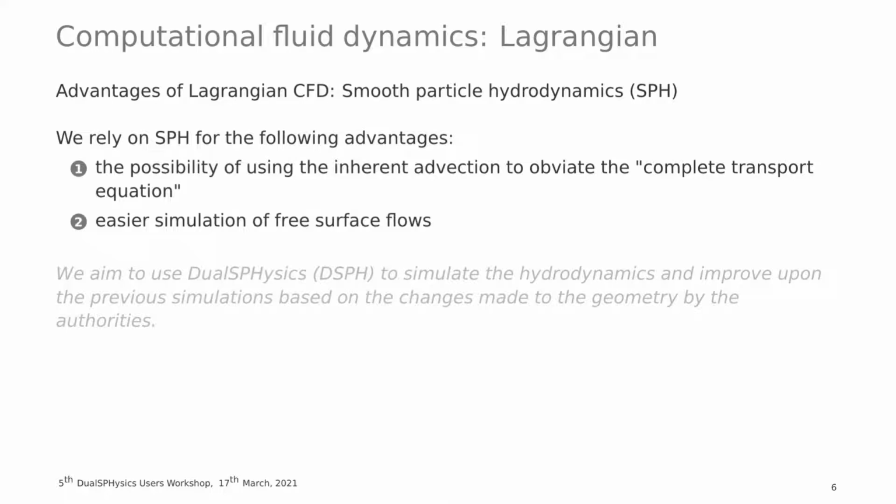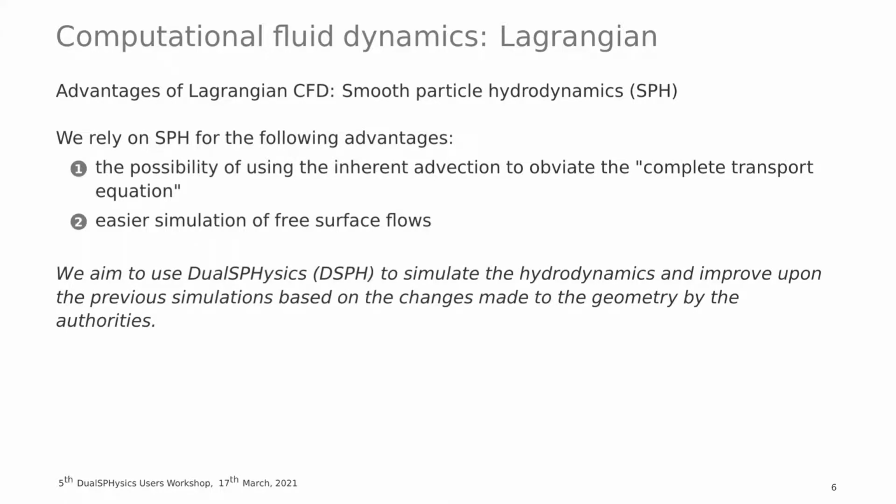So in the transport equation, instead of modeling both the advection and the diffusion, we just have to model the diffusion. And the second is that there is easier simulation of free surface flows, because in these tanks it's not only just sludge but also there is some space for the gases produced. So we aim to use DSPH to simulate these hydrodynamics and to improve upon the previous simulations based on the changes made by the authorities.